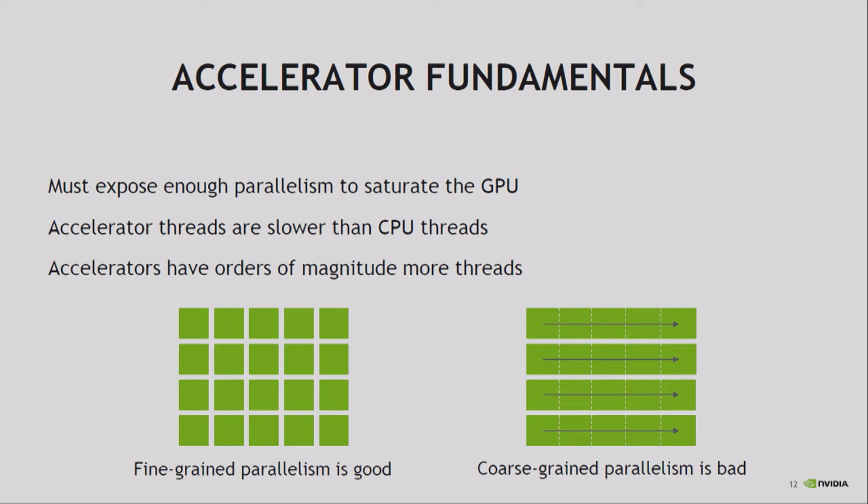So you need to expose a lot of parallelism and run a lot of threads if possible. In this simple example, you can parallelize by rows, or each thread can process its own element, and then you get significantly more threads. In general, fine-grained parallelism is good for GPUs, and coarse-grained parallelism is bad for GPUs, but it's usually good for CPUs.